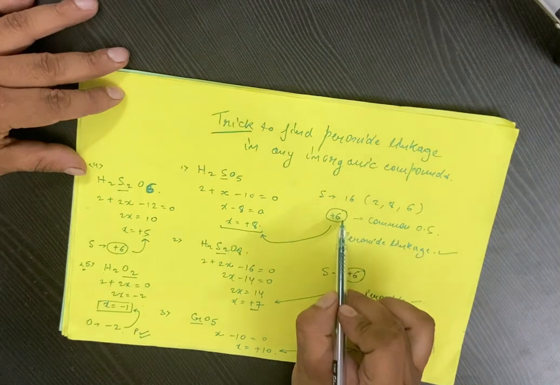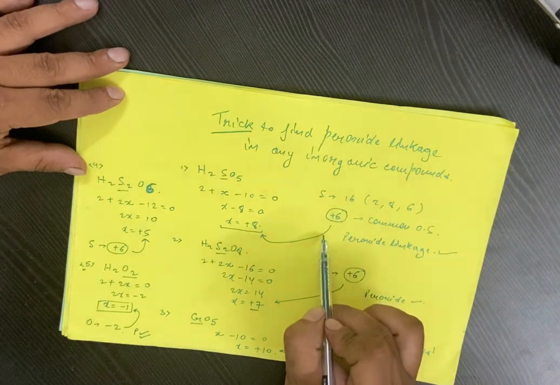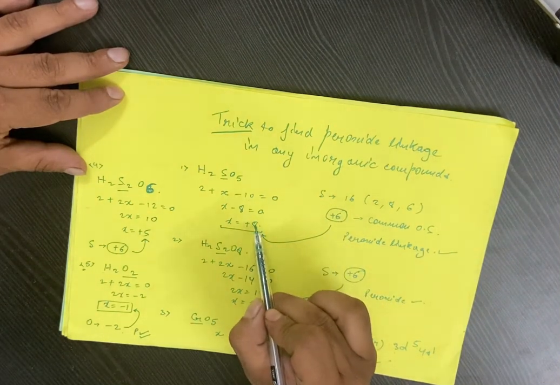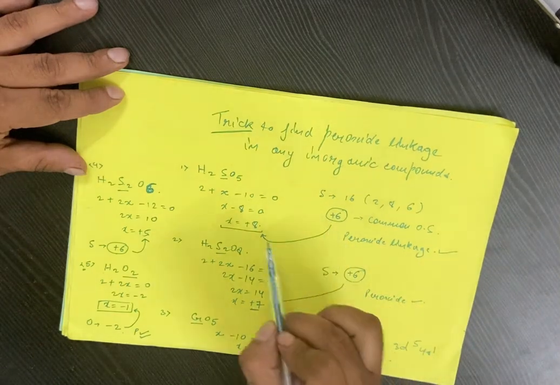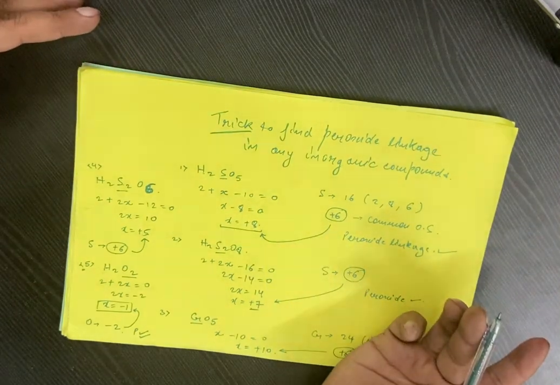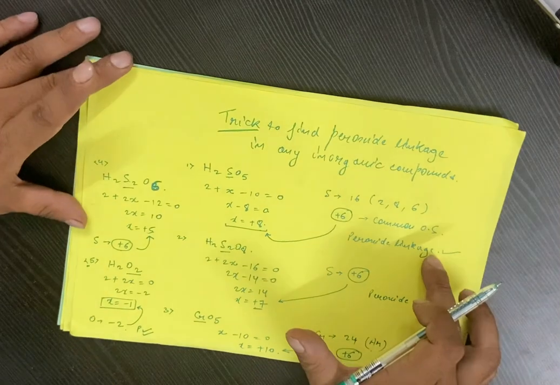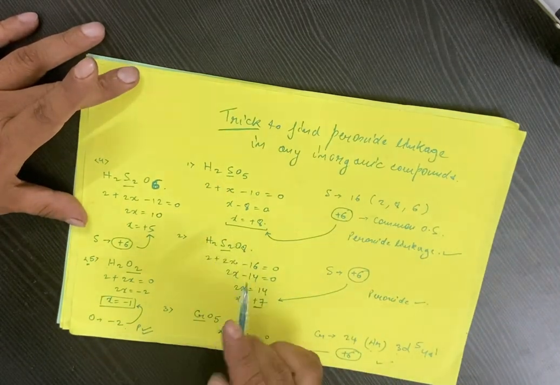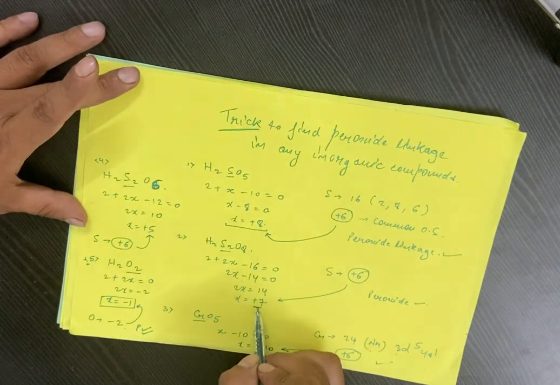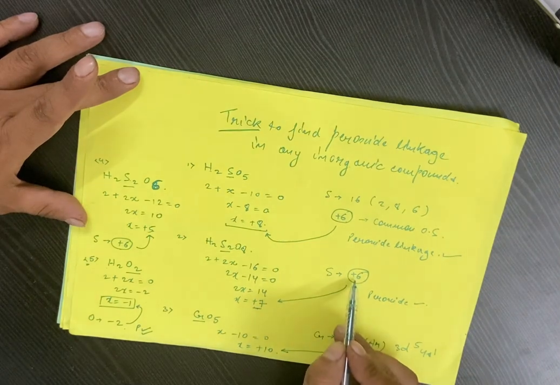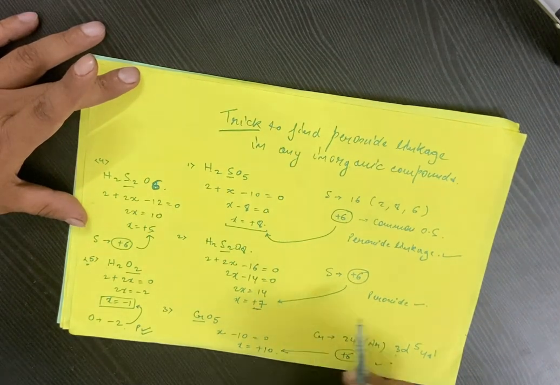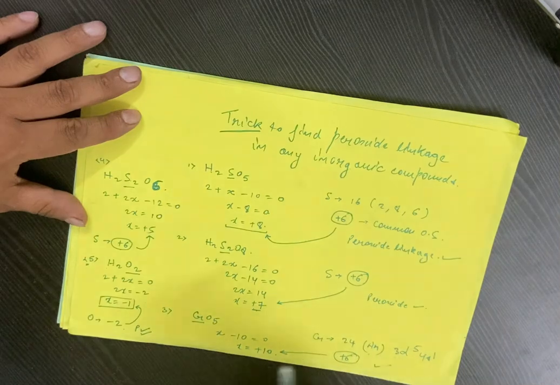Sulfur has a maximum oxidation state of 6, but according to the classical method it is showing plus 8. So as there is a variability from plus 6 to plus 8, that's why this has a peroxide linkage. Another example, H2S2O8, sulfur oxidation state calculated is plus 7, highest oxidation state plus 6, variability in the oxidation state, so peroxide linkage is present.